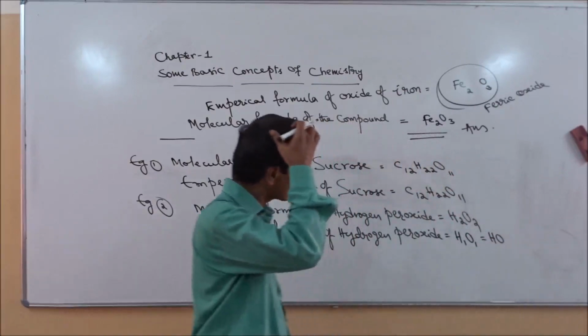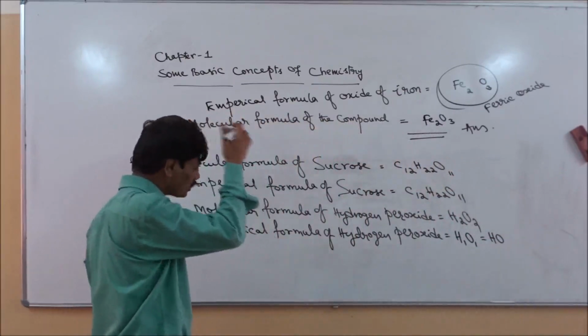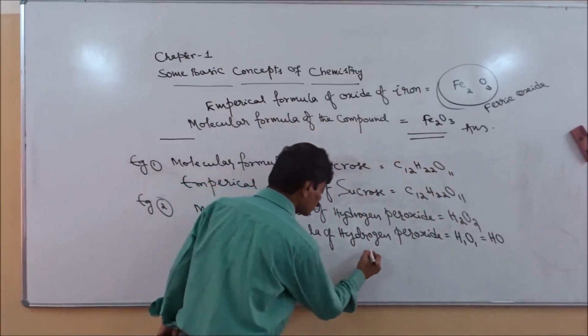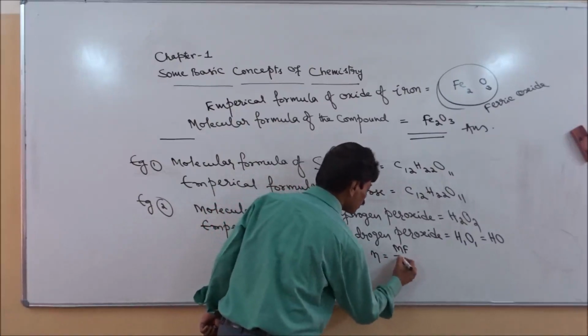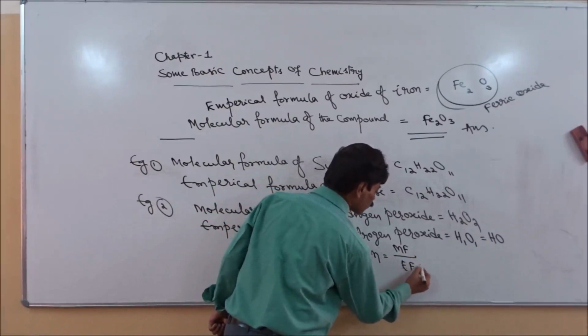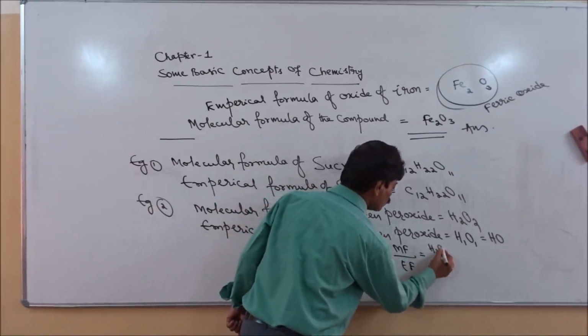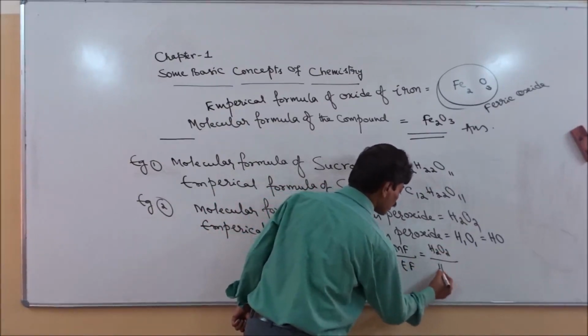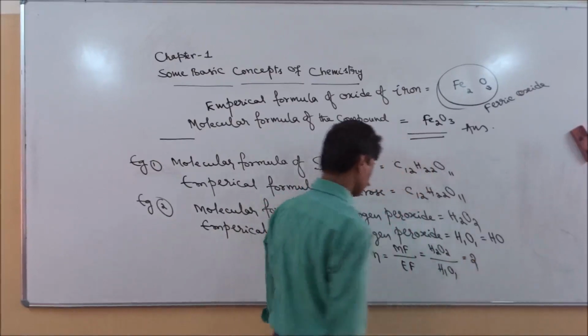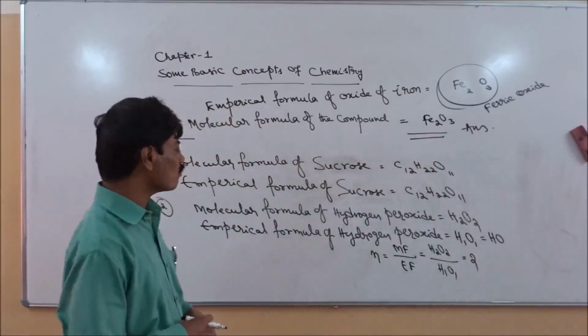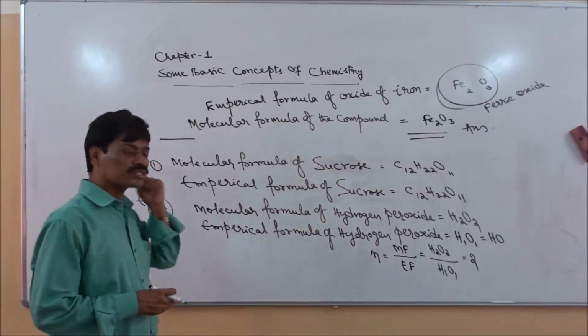That itself is the empirical formula. Here we can calculate the integer, that is n. n value is equal to MF divided by EF. So H2O2 divided by H1O1. This is equal to 2. So the value of the integer is equal to 2.